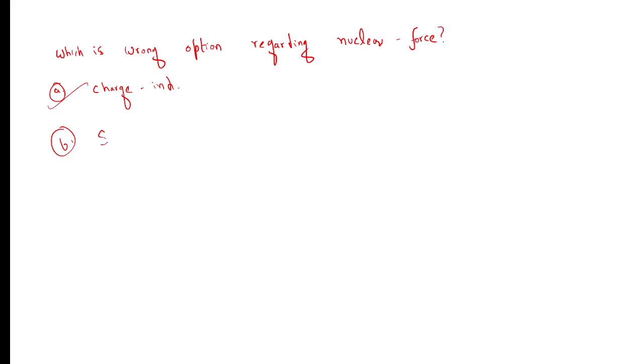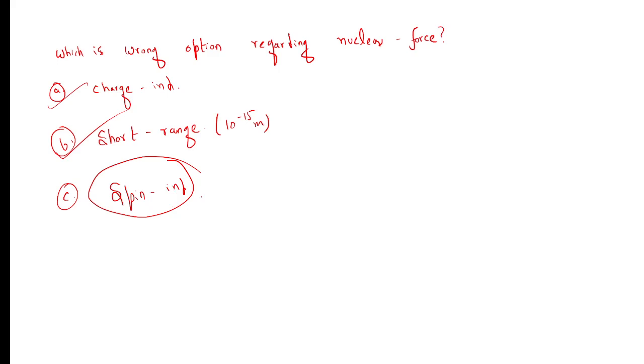The right options are given, but we need to find the wrong option. It's 10 to the power minus 15 meters only, so short range is the correct option. And spin independent? No, not at all. If you have studied nuclear force in detail, you will know that it's actually not spin independent. It's spin dependent. This is the correct option for this question.